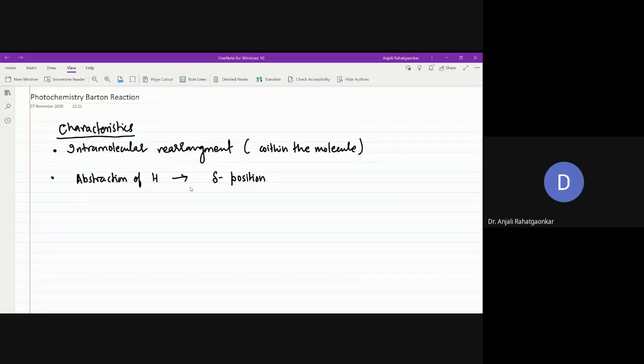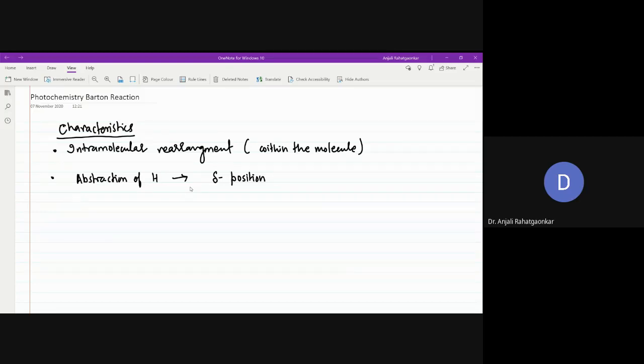As we know, in photochemical reactions, the reaction is not what we feel or what we expect, because we have to apply other aspects of basic chemistry overall in photochemical reactions. The same aspect applies in the Barton reaction. That's why I'm focusing on this reaction, because a lot of chemistry is involved in it.